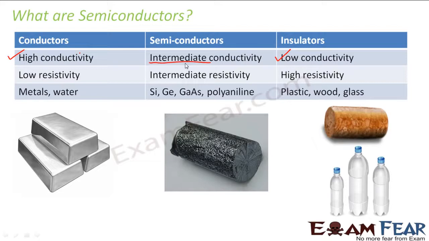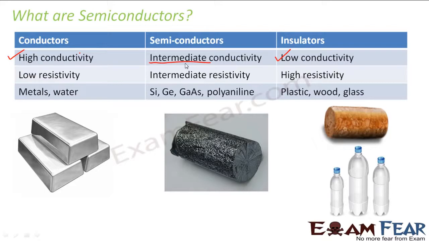Now, let us look at some examples. When I talk of conductors, we remember metals. Mostly metals are conductors. Water is a good conductor of electricity. When I talk of insulators, we think of plastic, wood, glass. All these things are insulators or bad conductors of electricity.